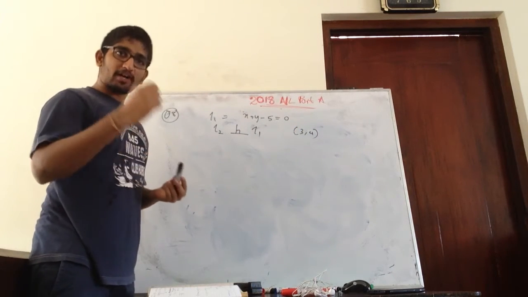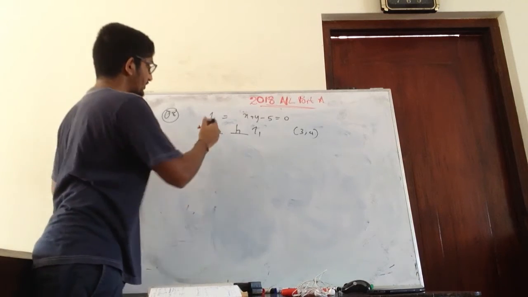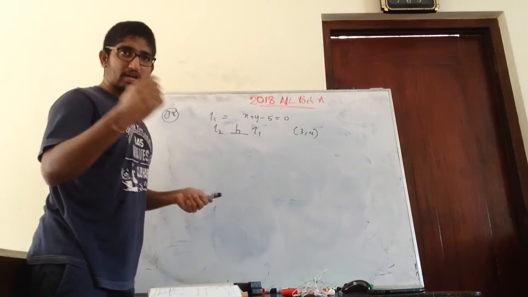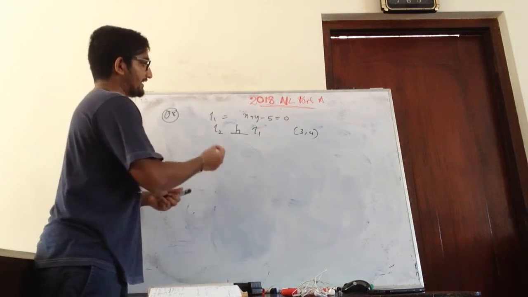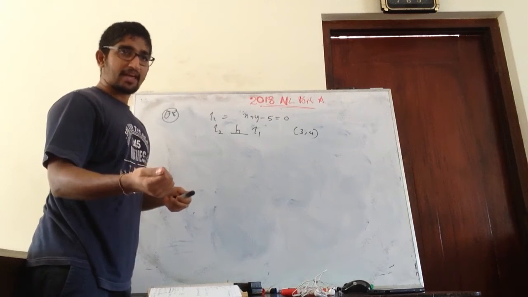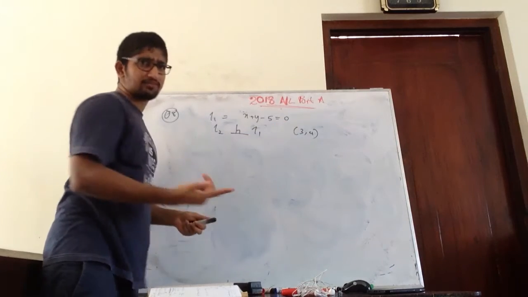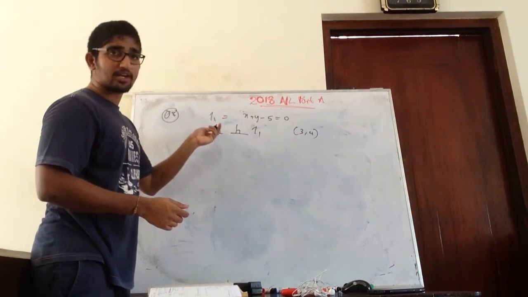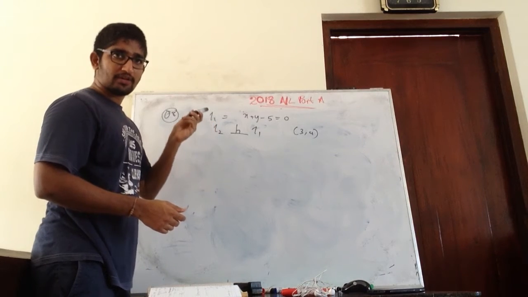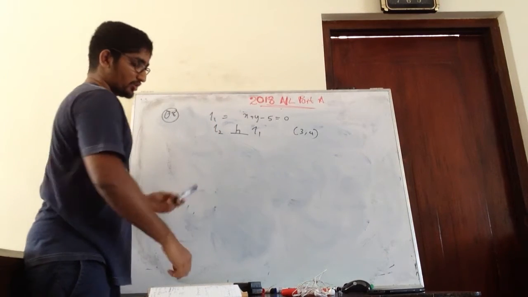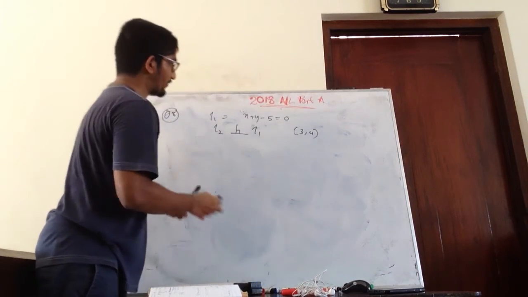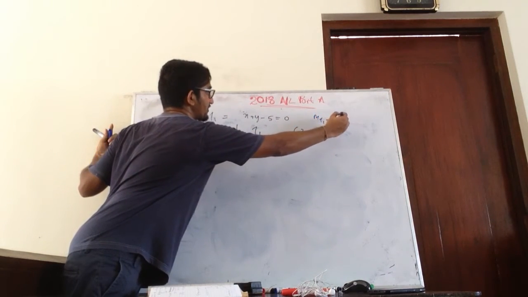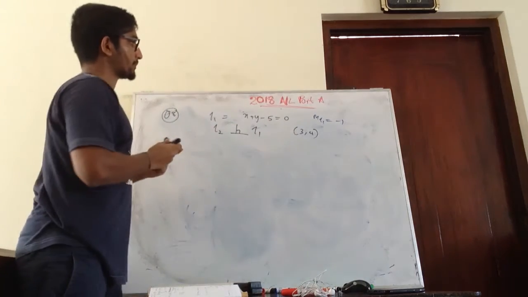Correct? So what do we need to do? We know that in order to get the equation of a line, we need to get the gradient of it, and then if you know a point, then we can get the equation. So what I'm going to do is get the gradient of L2. So what is the gradient of L1? ML1 is equal to minus 1.